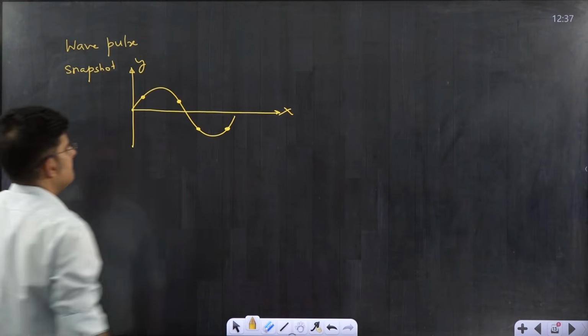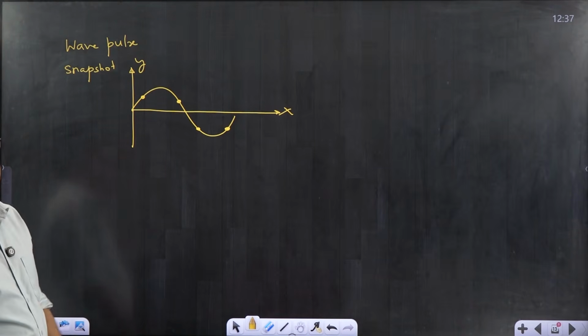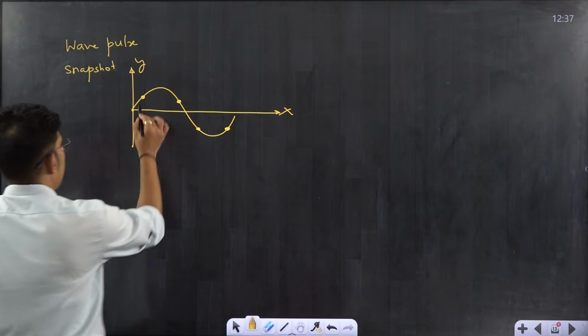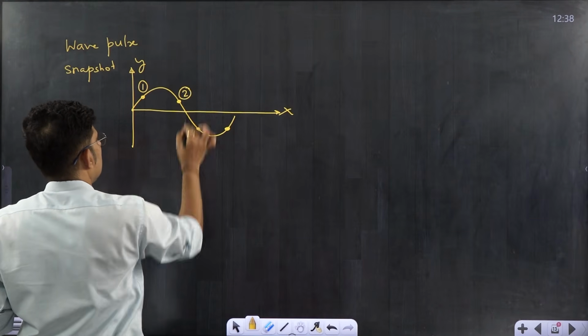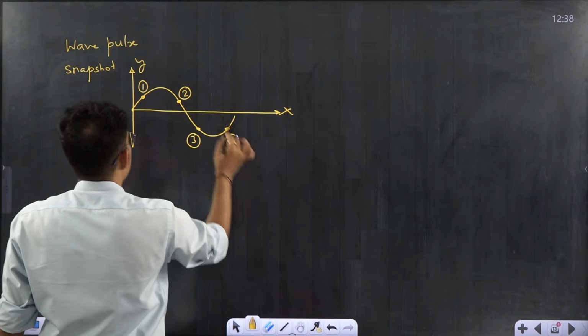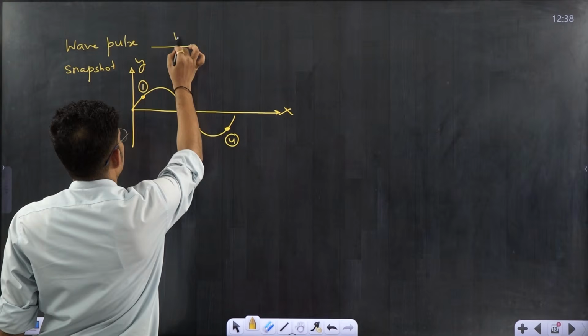So we want to check where they are moving. So if I name these particles as 1, 2, 3 and 4, and suppose the wave is given moving right side.